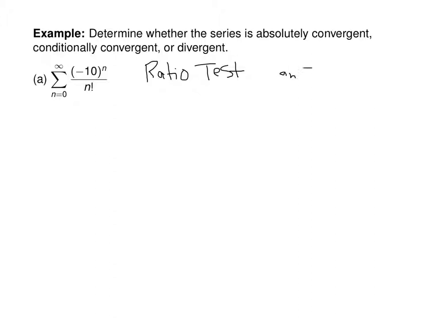a sub n will be negative 10 to the n over n factorial. And we'll find the limit as n goes to infinity of a sub n plus 1 divided by a sub n.